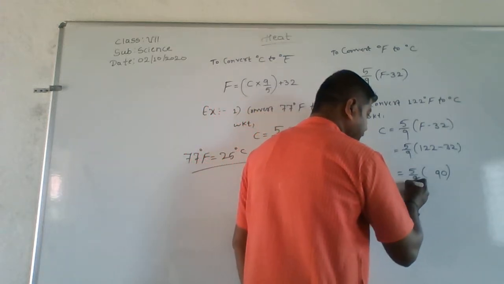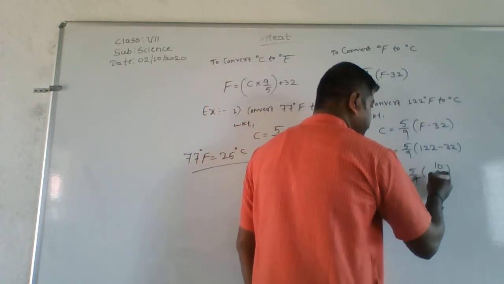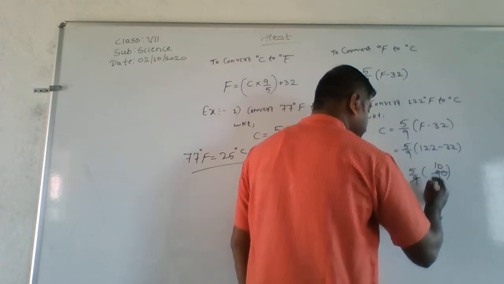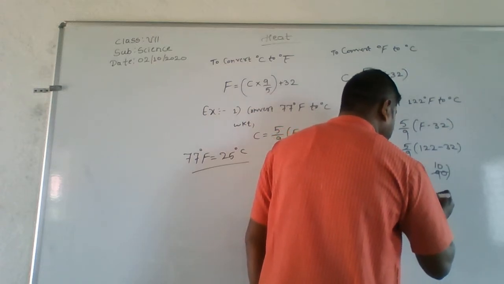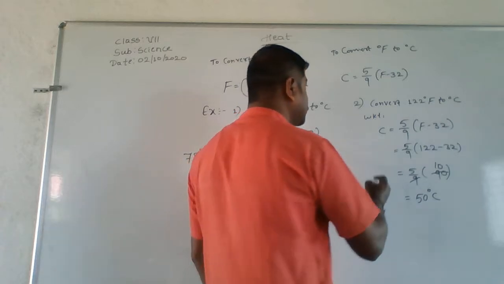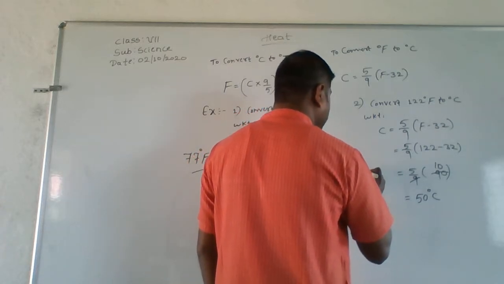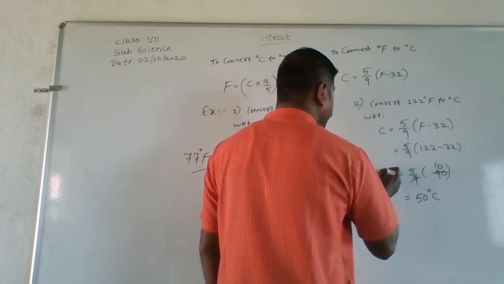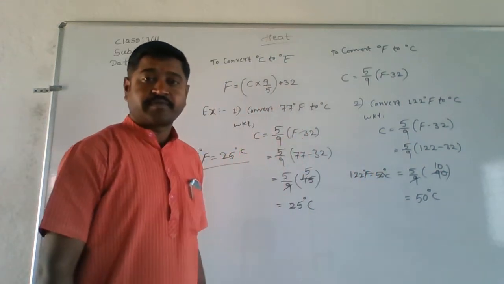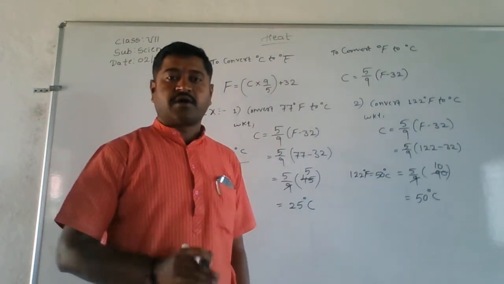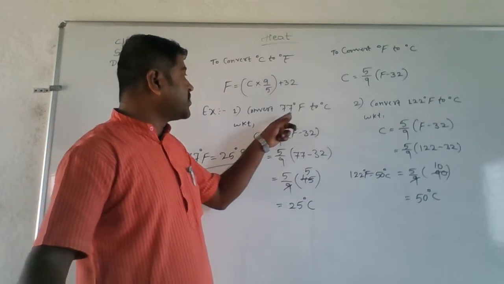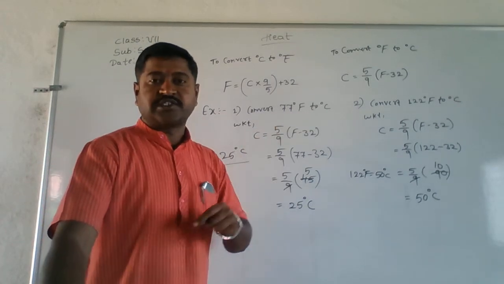So where this 9 is going to divide that 90 by 10. 9 tens are 90. So 5 into 10 gives you 50 degrees Celsius. That is, this 122 degree Fahrenheit is equal to 50 degree Celsius. Is this clear? Okay. This is how to convert Fahrenheit to Celsius.